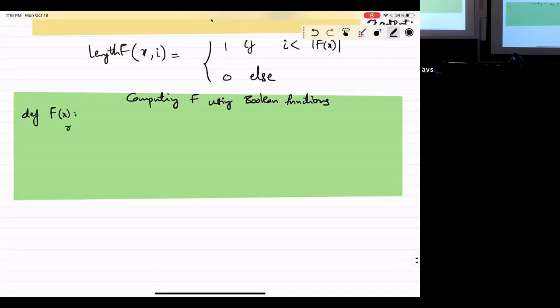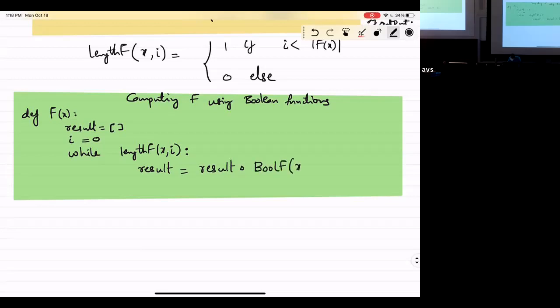It just says, okay, you're going to start with the result being empty, i equals 0, and while I'm going to check if my index is less than the length of the output, okay, if so, then I'm going to add the new bit, okay, and then increase the index.